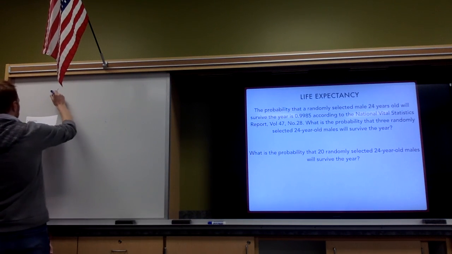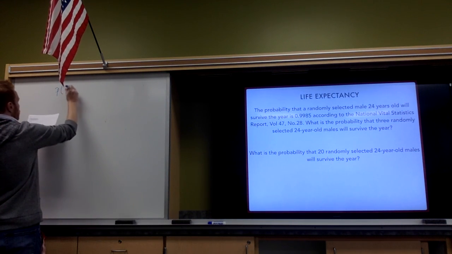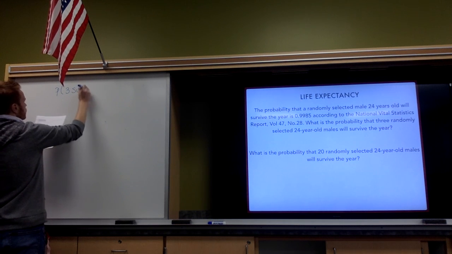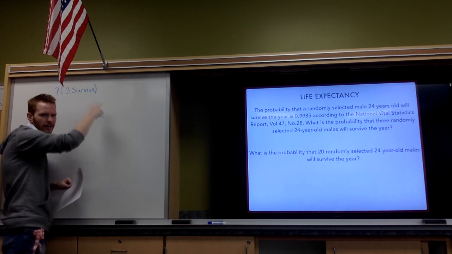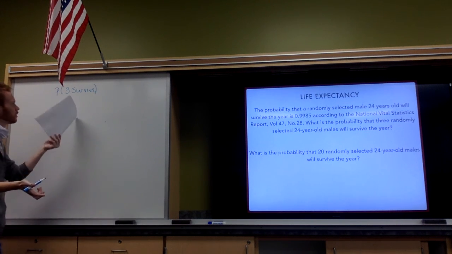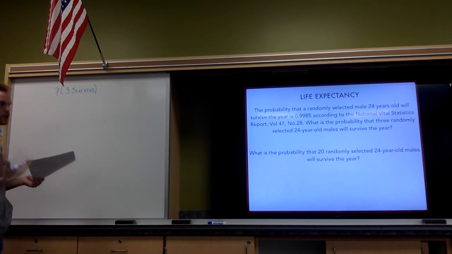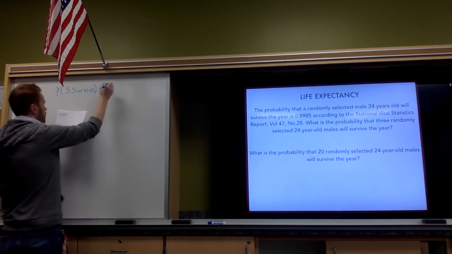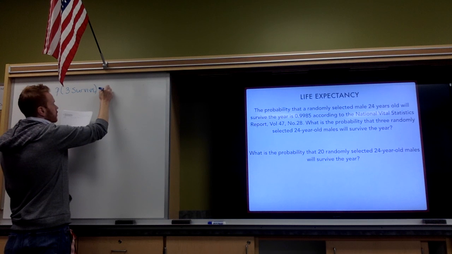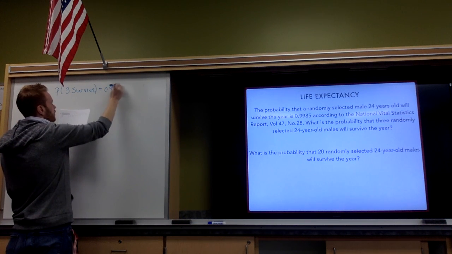Okay. Probability that 3 survive. Now could I say 1 and 1 and 1? Can I use the ands? Yeah, but we're going to shorten it. Okay, we already know ahead of time these are independent events right now. Okay, so we're going to have 0.9985.